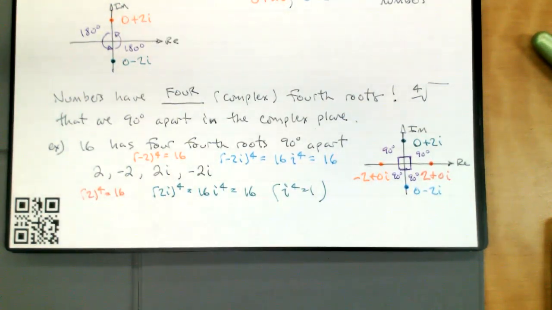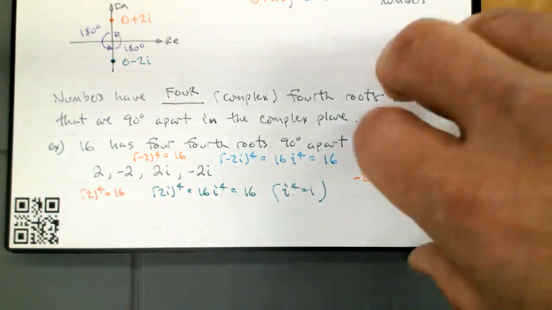Let's get to the point that we want to make. So far, we know that each number has two square roots that are 180 degrees apart, four fourth roots that are 90 degrees apart. Last week, we saw that one had three cube roots that were 120 degrees apart.